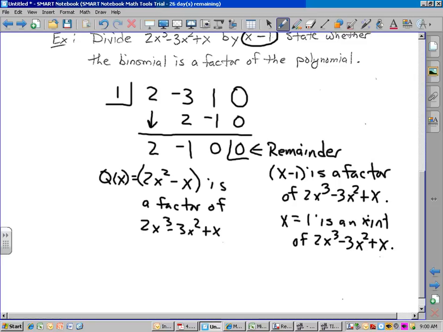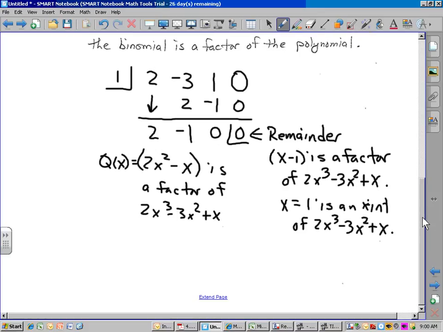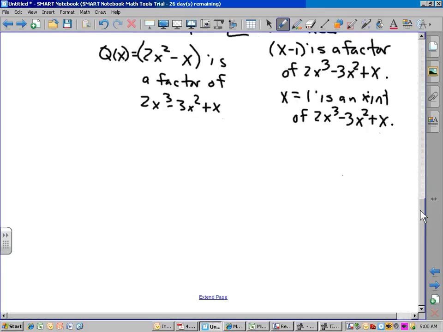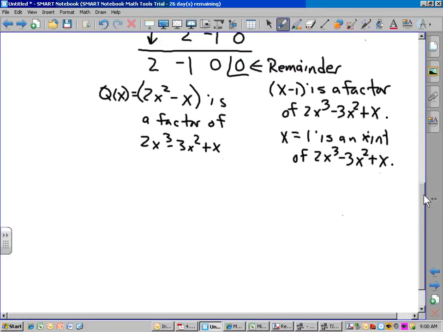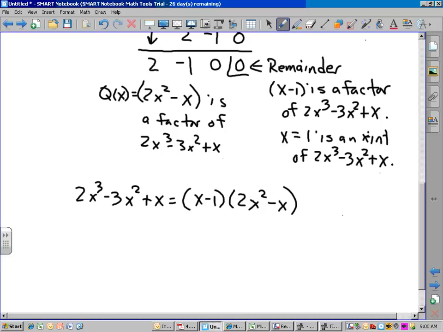So we can actually say that 2x cubed minus 3x squared plus x is equal to what we divided it by, x minus 1, times its quotient, 2x squared minus x. And if you notice in our quotient, there is an x we can factor out.